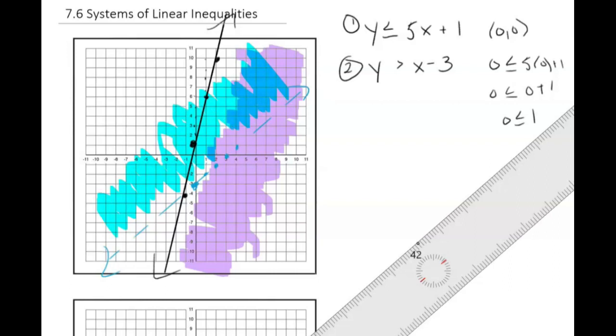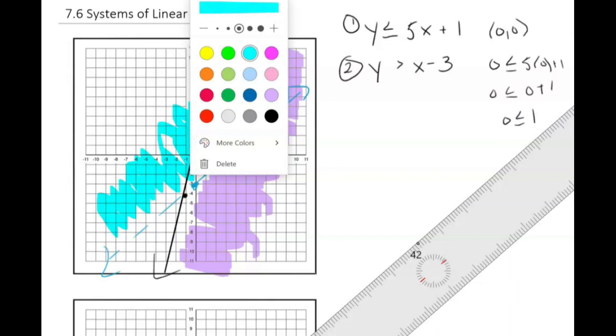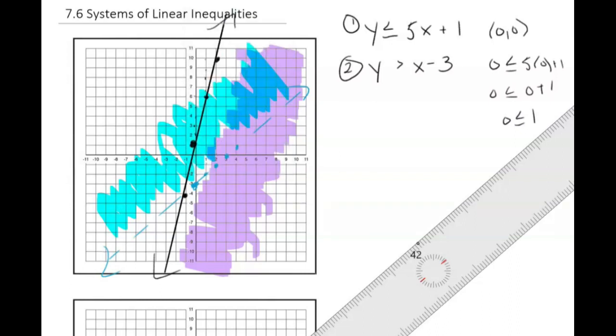Now, how do we determine what the solution is? Well, the solution is going to be the intersection. So where do these things overlap? They overlap right through here, and that is what we're looking for.